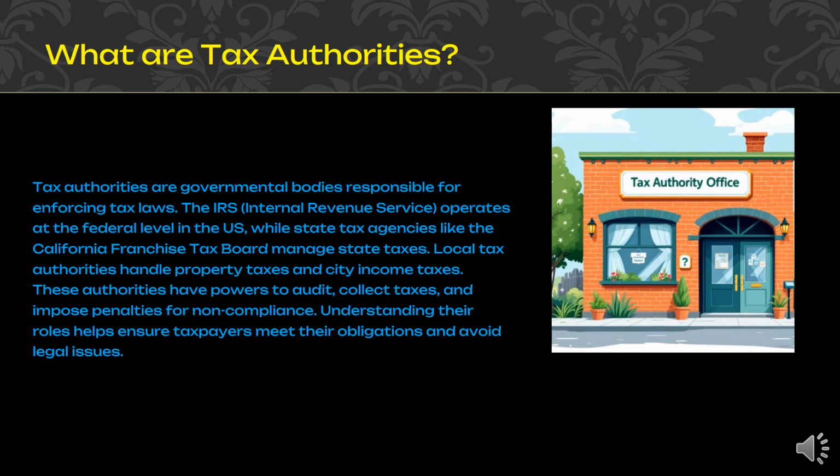Local tax authorities handle property taxes and city income taxes. These authorities have powers to audit, collect taxes, and impose penalties for non-compliance. Understanding their roles helps ensure taxpayers meet their obligations and avoid legal issues.